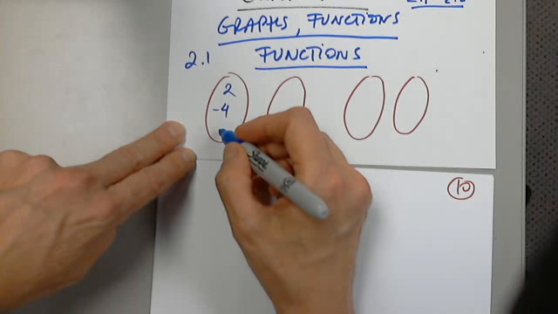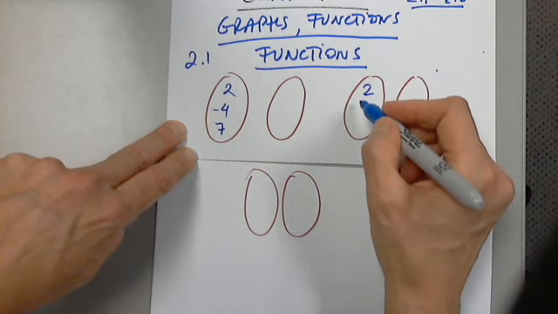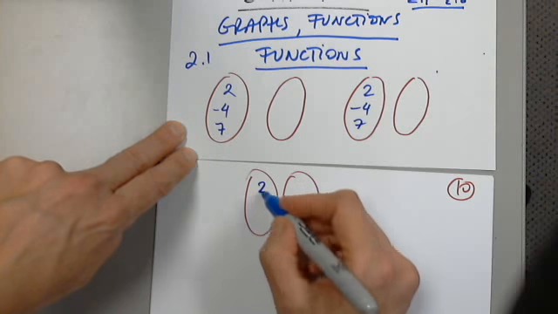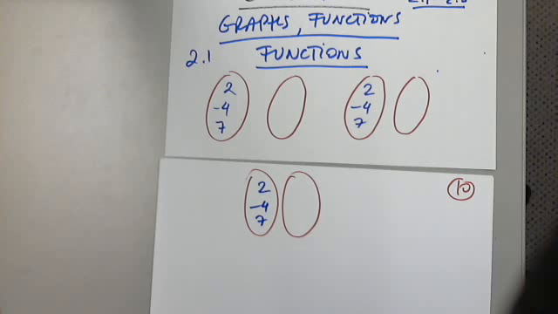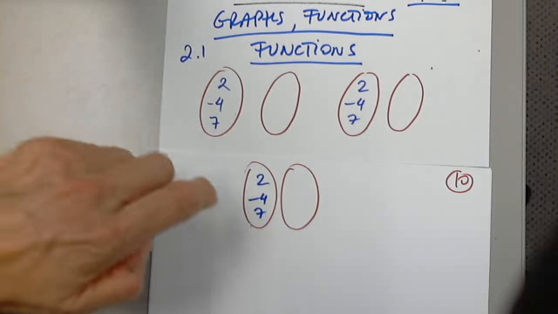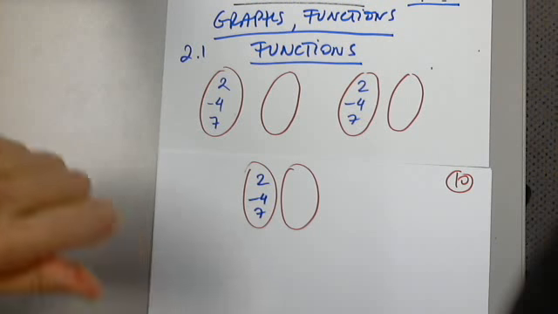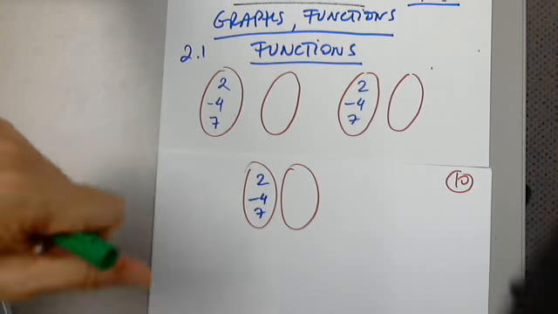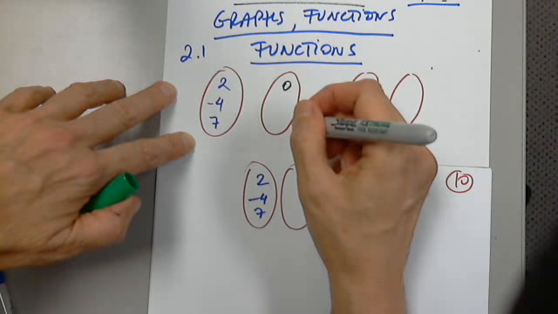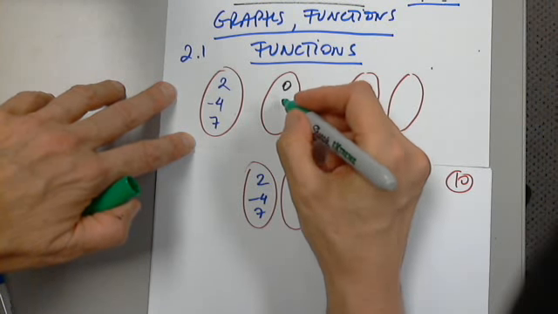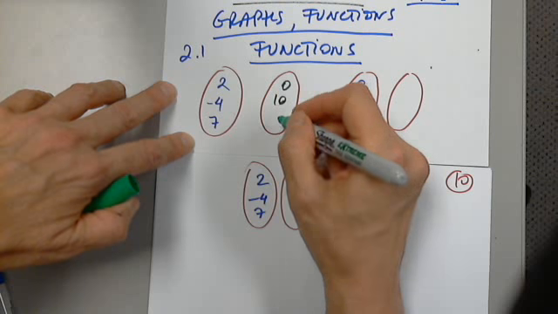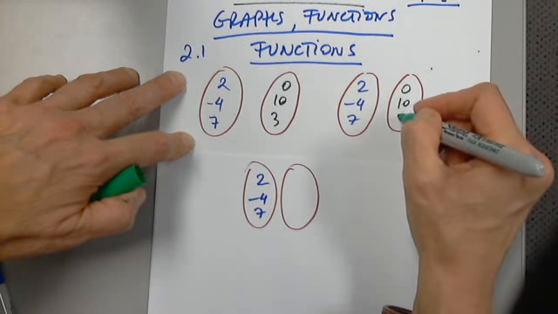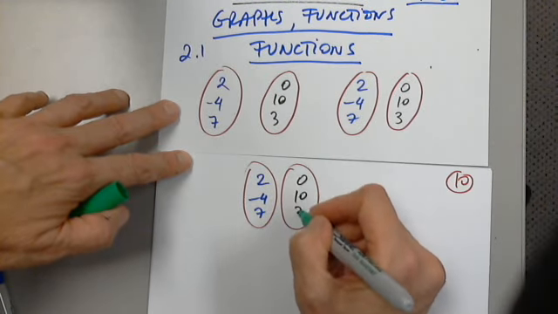Perfect. 2, negative 4, and 7 in the first set in all pairs of bubbles. Good. Give me 3 numbers in the second set, let's say 0, doesn't matter really. 10, and 3. 0, 10, and 3.